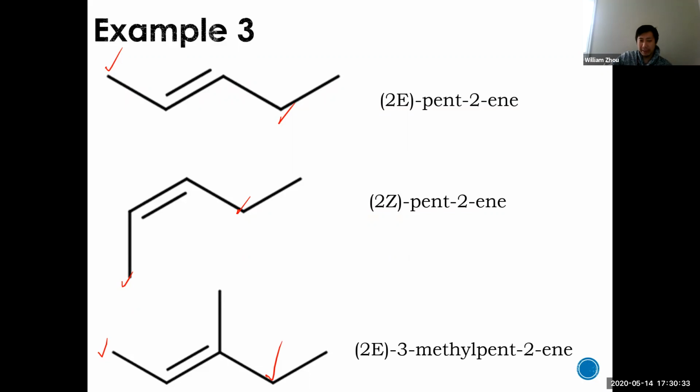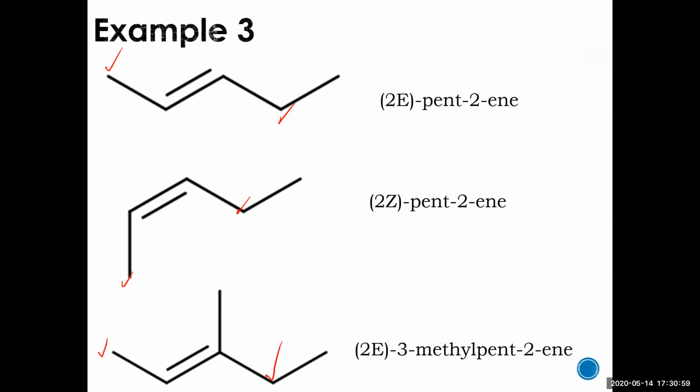So is that clear, everybody? How to distinguish between the higher priority groups? I have a question. Does it matter if we have an ethyl group there, in the middle? So you're saying if that middle branch is an ethyl group, not a methyl, would that matter?